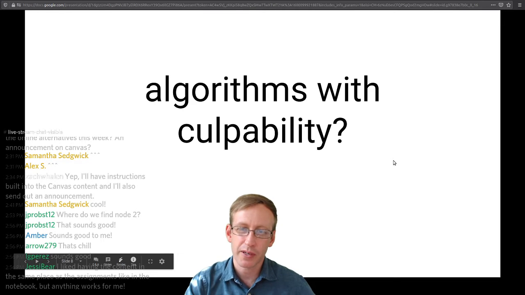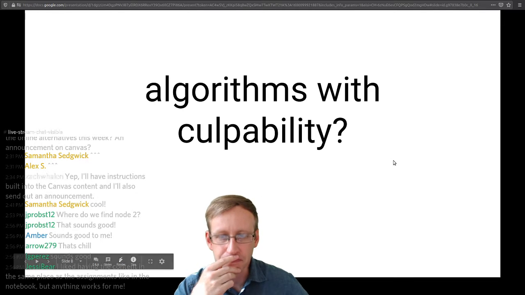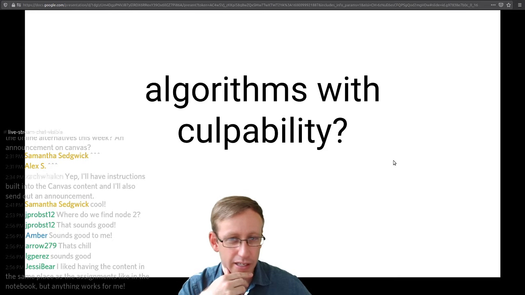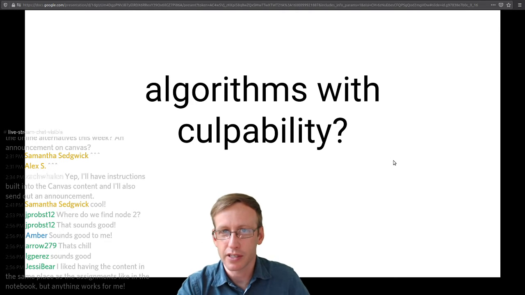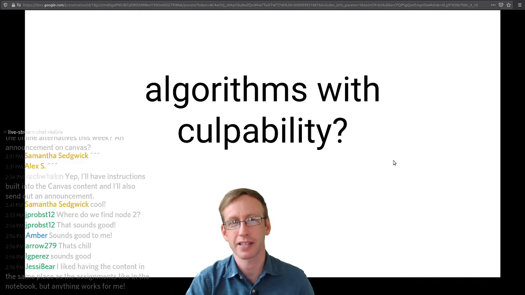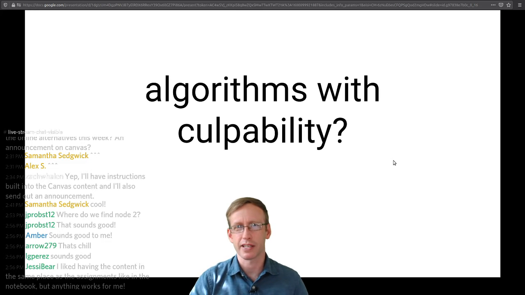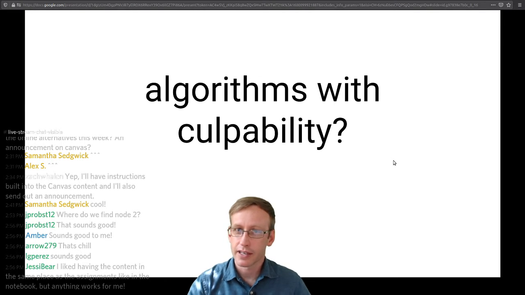Okay, so yeah, and actually this is a good one. Culpability. In other words, if an AI makes a decision that causes harm, whose fault is it? A classic illustration of this question is the thought problem, the trolley problem, the philosophical thought problem. I blanked on the name of it. I almost said the taxi problem, but that's something else. The trolley problem. This is a classic scenario where a train's coming down the tracks and it's going to hit 3 people, but you can flip a switch and it'll hit 1 person instead.